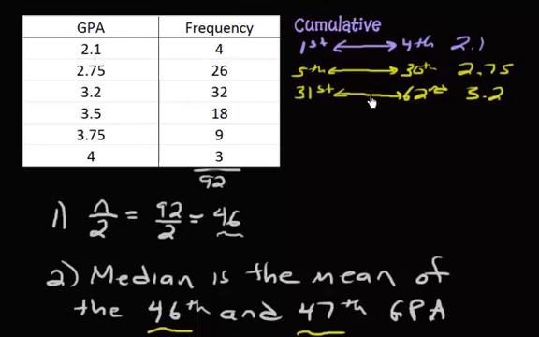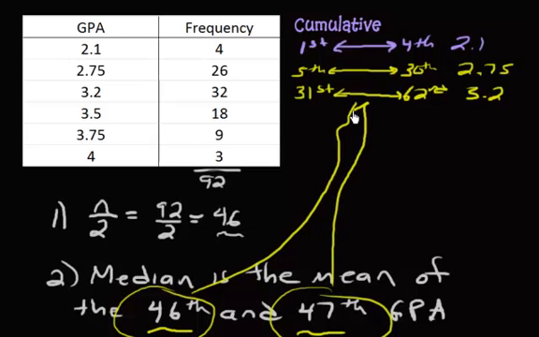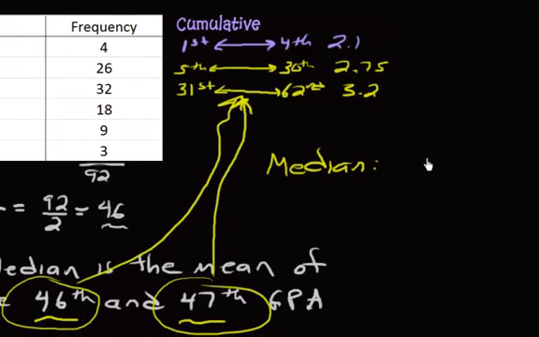And so we know that these two people are going to have to be in this interval, or I guess region, because they're between the 31st and the 62nd person. So our median, because now we're done, the median is going to be the mean between those two GPAs, which is they're both 3.2 GPAs. So when you take the mean of that, you will again get 3.2.